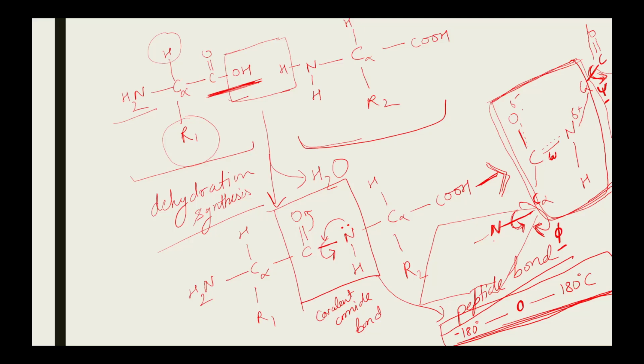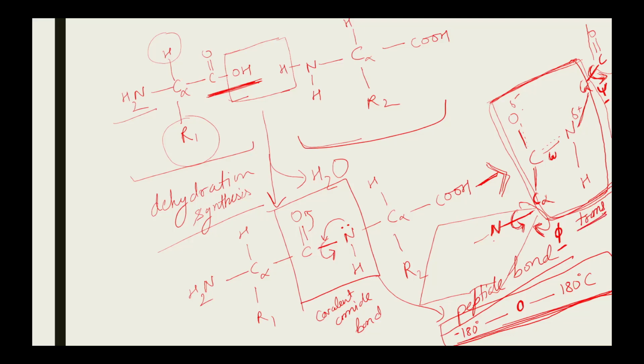So as we can see here, in the plane I drew, this is the CONH peptide bond, and I have drawn opposite to it the C alpha carbons. So this configuration which I drew here is a trans configuration.